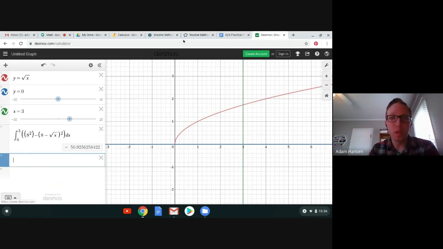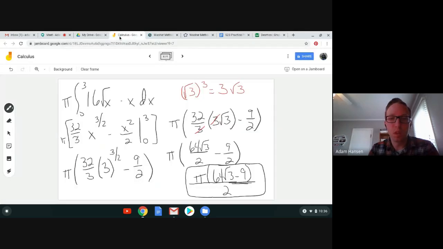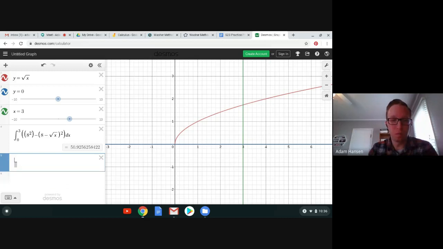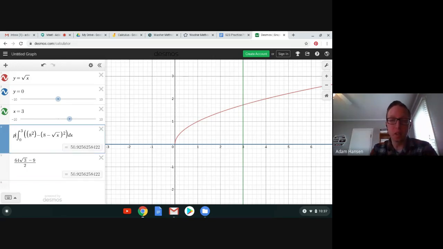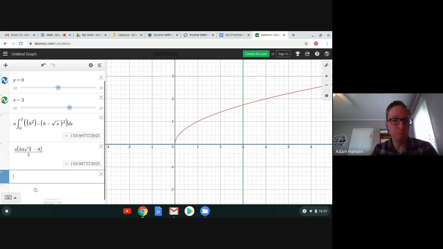Hopefully this works out to be 64 square root of 3 minus 9 all over 2. Yep, looks good. Of course, you could always put the pi in here. I don't know why I don't. I just don't. It would be the same.